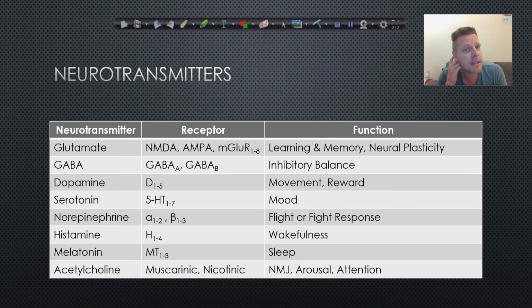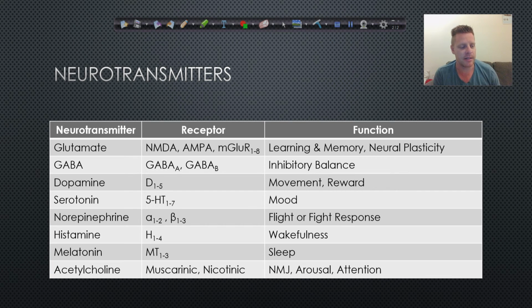And so this is just a little table that summarizes some of the major neurotransmitters in the brain, and for now, through this module, we'll mainly be going through glutamate and GABA. Glutamate is implicated in learning and memory and neuroplasticity.